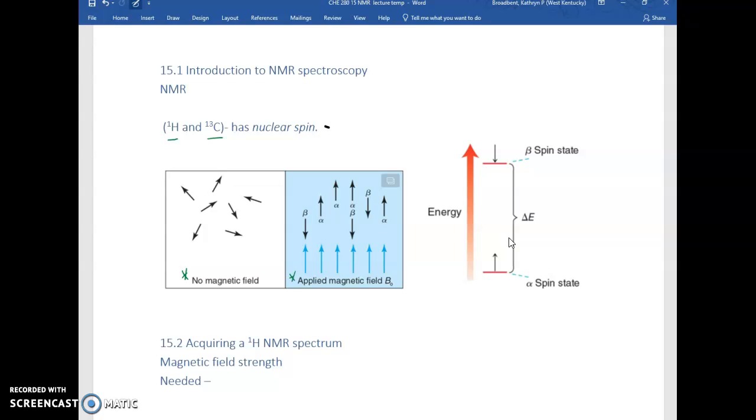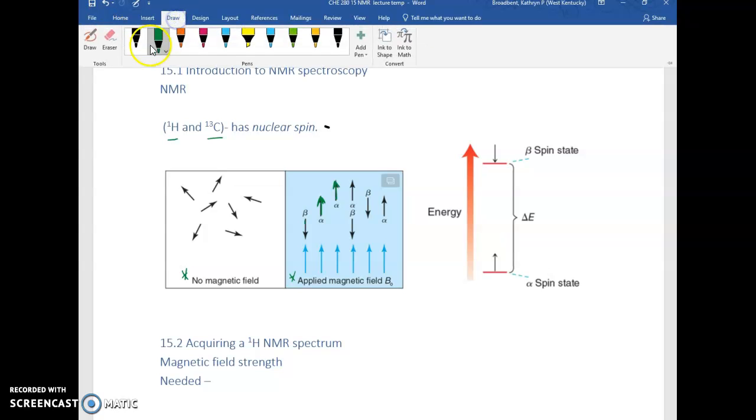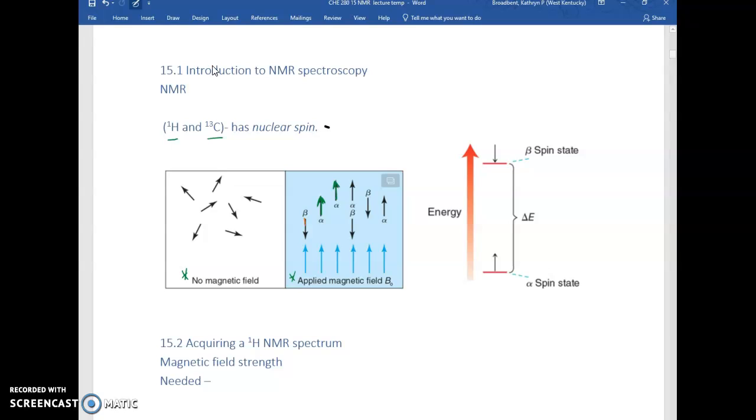You'll notice that some of the nuclei here have lined up with the field. This alpha here has lined up with the field, and this one has too, but some of them are against the field. So this beta is against the field, and this one is against the field.